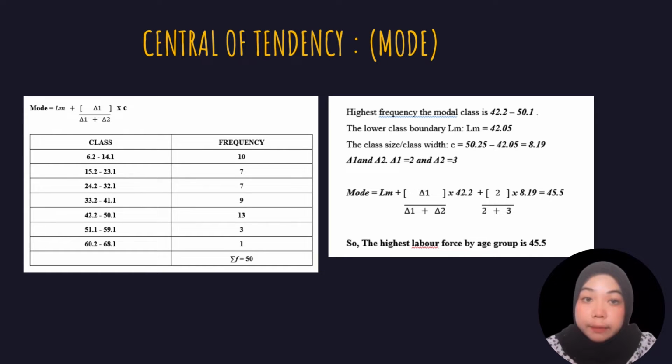In the mode, we must determine the highest frequency in the modal class, and my group has found the highest frequency in the modal class, which is 42.2 until 40.1, and the frequency is 13. So the result for the mode is 45.5.